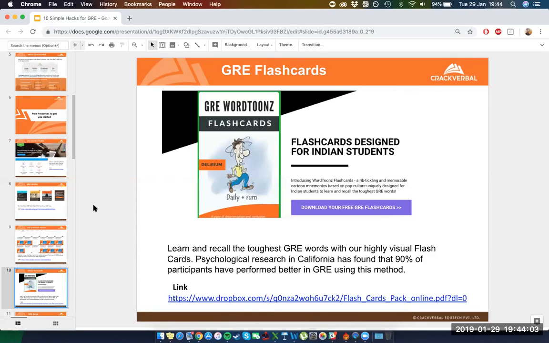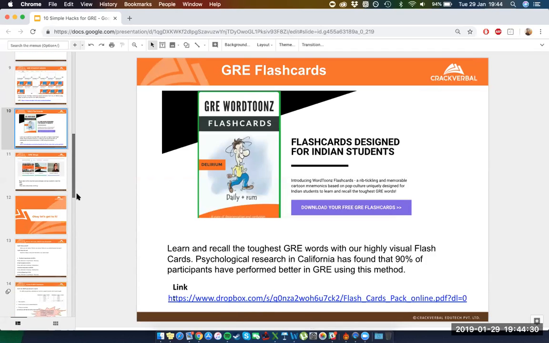So if you have a situational and a visual cue alongside the word, then you not only understand what the word means and remember it better, but you also have a sense of the situation where you would use it, whether in real life or if you see it on the GRE as part of a question. So pretty useful, and we'll get into further detail about how this is a very useful resource.